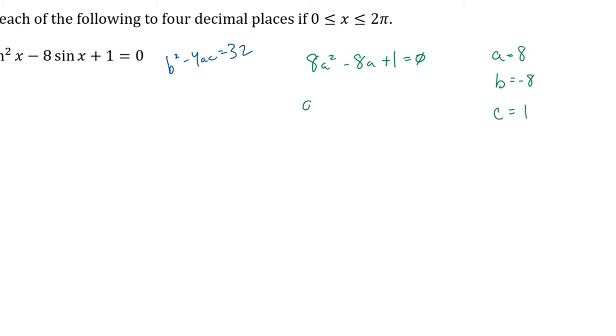So this would be a equals negative b, well negative 8 is 8, plus or minus the square root of negative 8 squared, whoops, minus 4ac, over 2a. We'd sub into the quadratic formula like that.